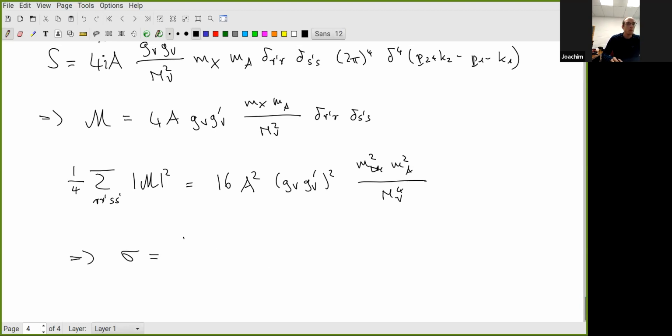It's just 1 over pi, mu chi A squared, that's again the reduced mass, A squared g_V squared g_V prime squared divided by m_V to the 4. Here I just use the standard formula from Peskin and Schroeder to get the cross section.